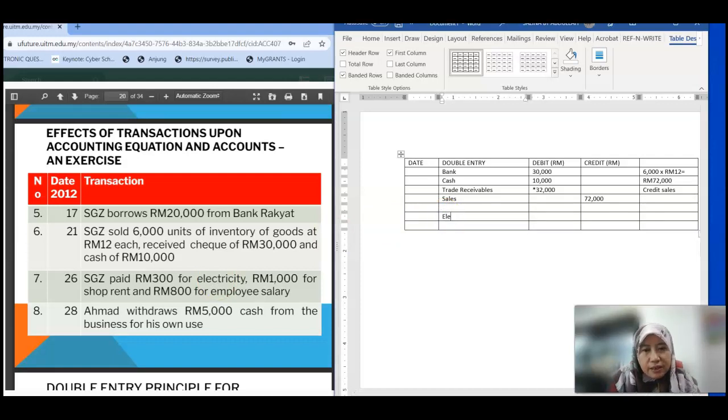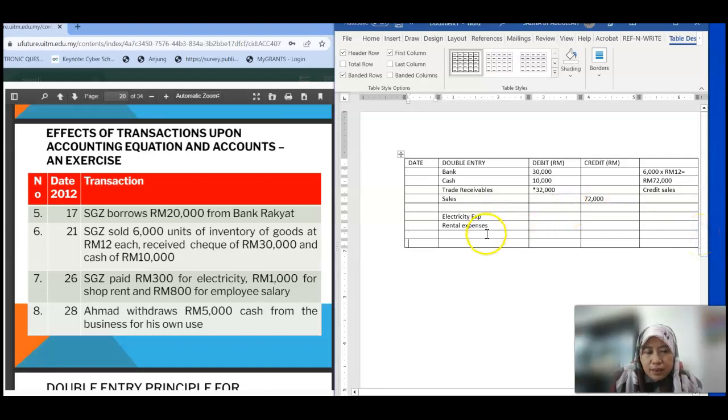Okay, we have electricity expenses. You debit electricity expenses, debit rental expenses, and then you will debit salary expenses, with the amounts of 300, 1,000 and 800.